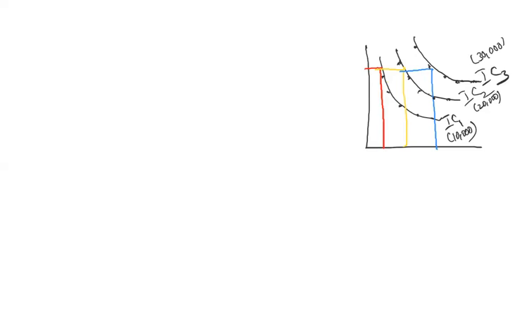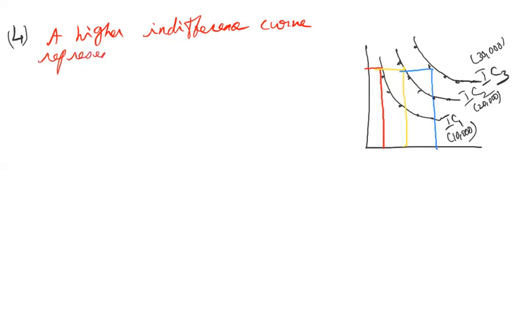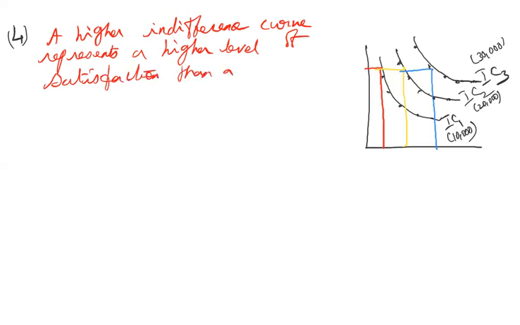So that's why the fourth property of indifference curve: a higher indifference curve represents a higher level of satisfaction than a lower indifference curve.